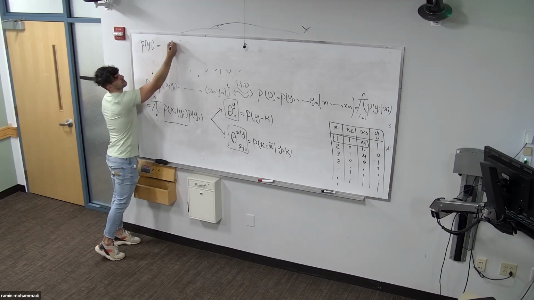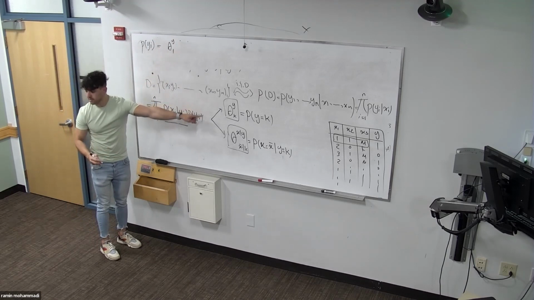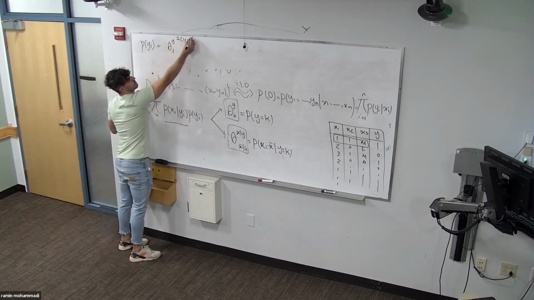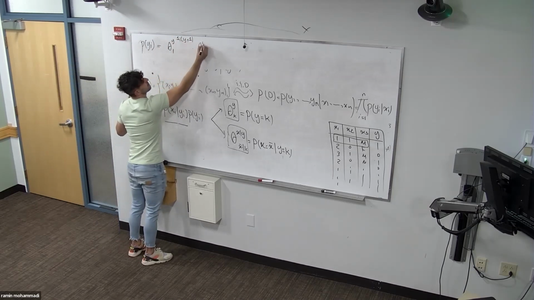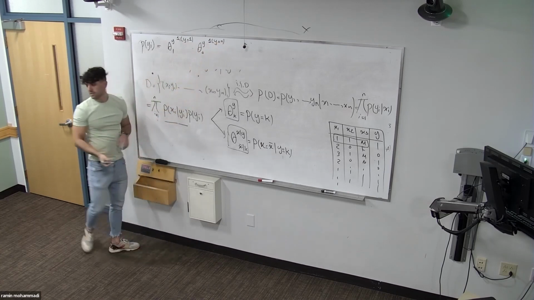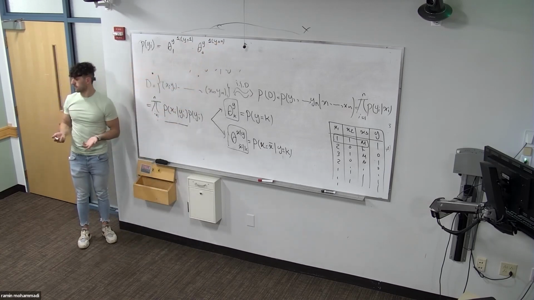So this became theta_{y=class 1}, because that's the parameter, with one expression for y being class 1, times theta_{y=class 0}, with one expression for y being class 0, correct? Now imagine this is k, it's just a k-way multiplication, right?